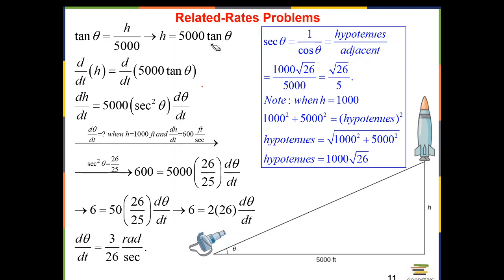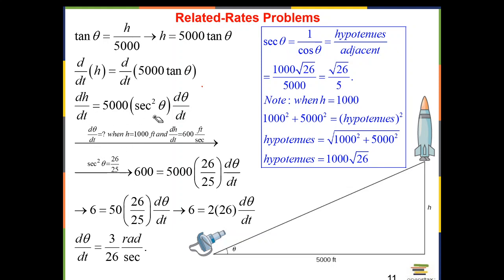If I take the derivative with respect to theta, the answer would be just secant squared theta. But if I take the derivative with respect to t, then we have to get d theta/dt involved, right? So that is a related rates problem.